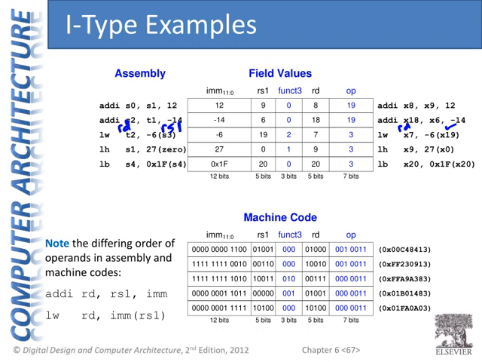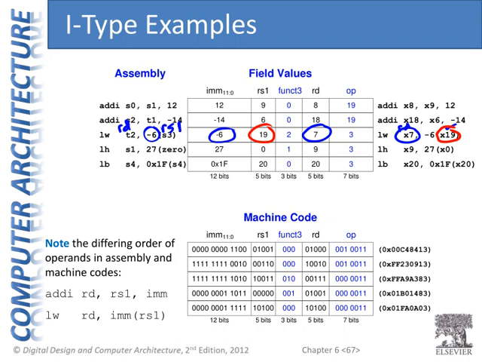And now we can do the same thing. So we put our destination register in, register 7. We put our source register, register 19. And then we put our immediate, in this case an offset of -6. It's a signed immediate.